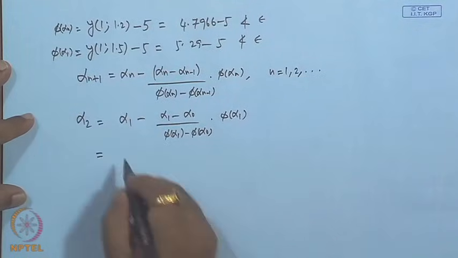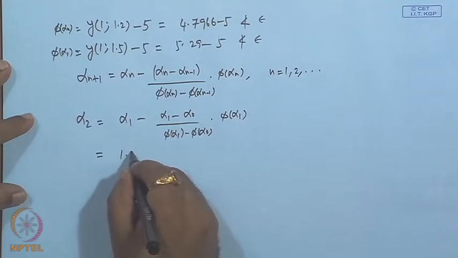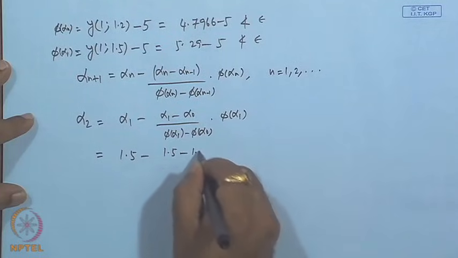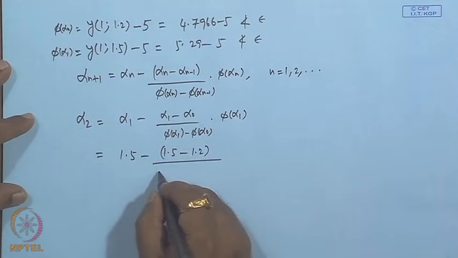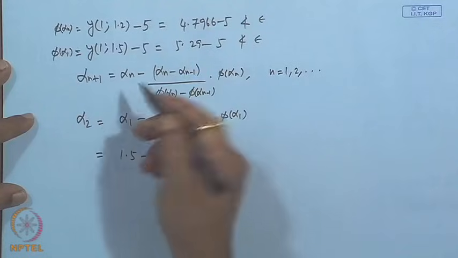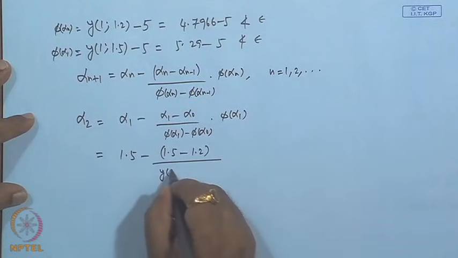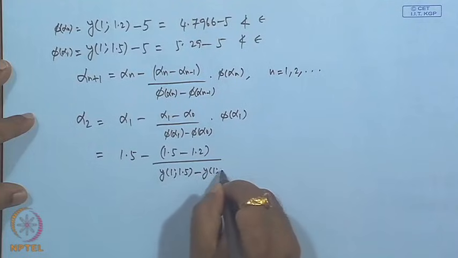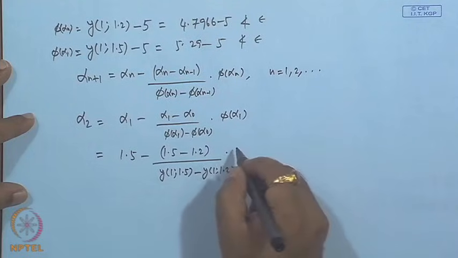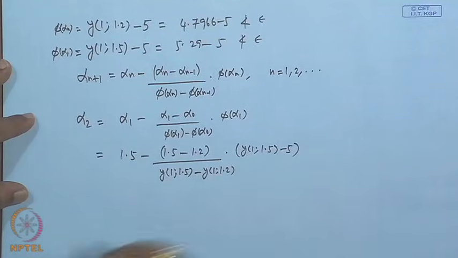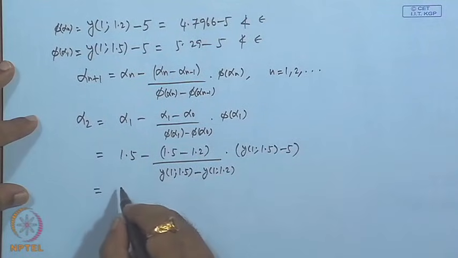So, alpha 1 is 1.5, then gamma 2 gets cancelled, it is essentially y of 1 using 1.5 minus y of 1 using 1.2, into phi of alpha 1. So, this is y of 1 using 1.5 minus 5.